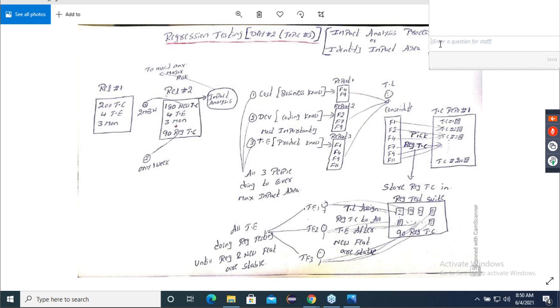So if the regression cases themselves are wrong, then obviously your whole regression testing is wrong. So now I am teaching you something called the impact analysis process.